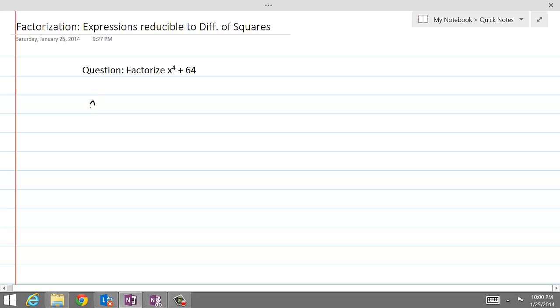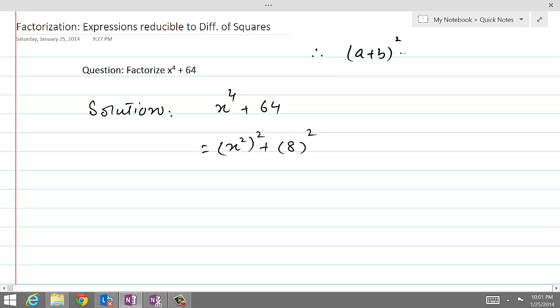So for the solution, we take this expression, which can be written as x⁴ + 64 = (x²)² + 8². Now if we remember the formula, (a + b)² is equal to a² + b² + 2ab.